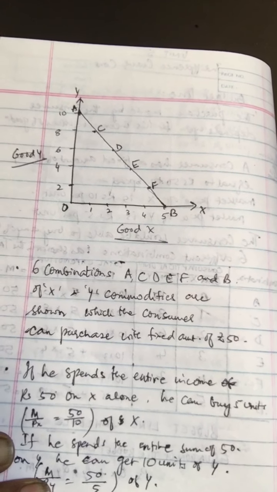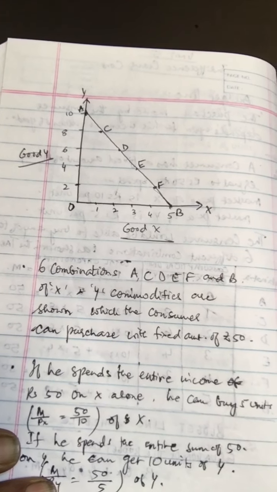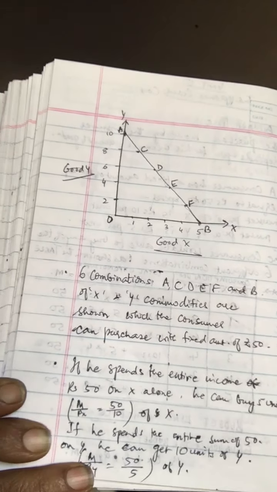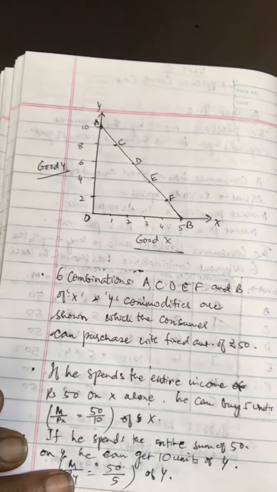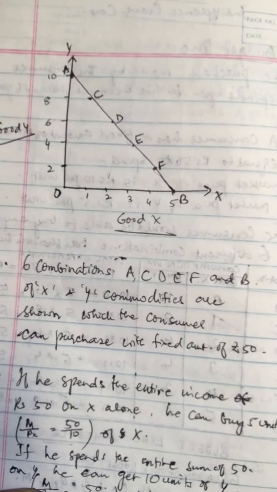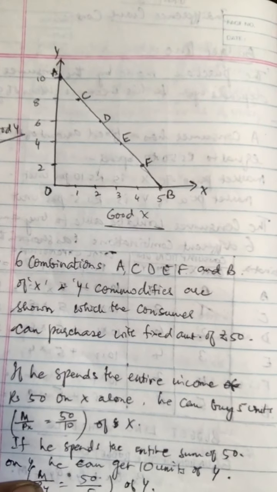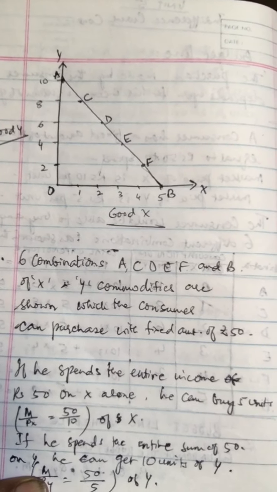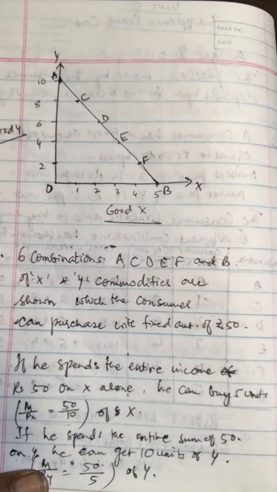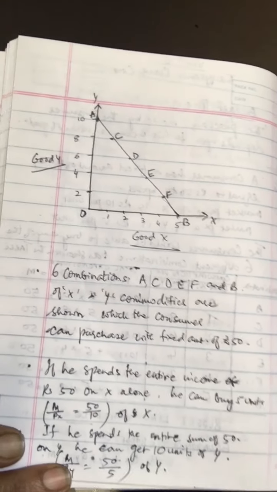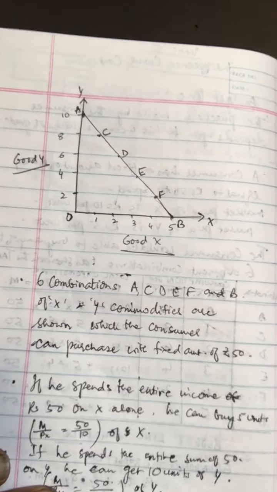It's interesting to know that each point on the budget line AB costs rupees 50.